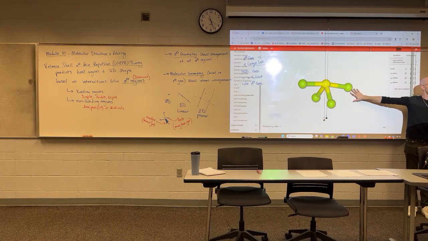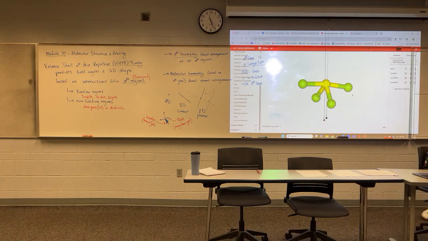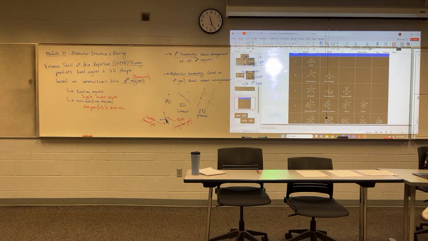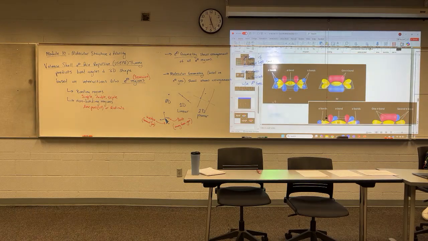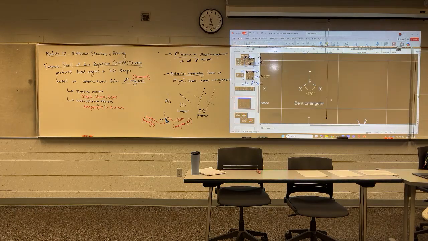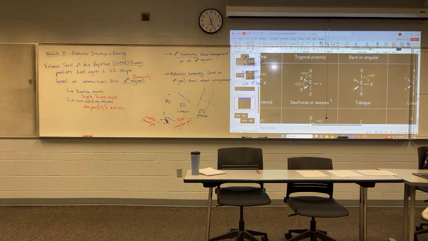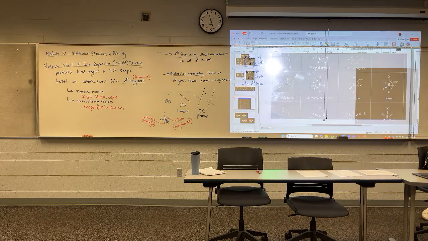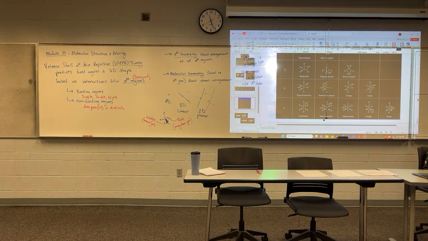If this is a seesaw shape, a teeter-totter molecular geometry, how many lone pairs must it have? How many electron regions does it have? How many lone pairs?